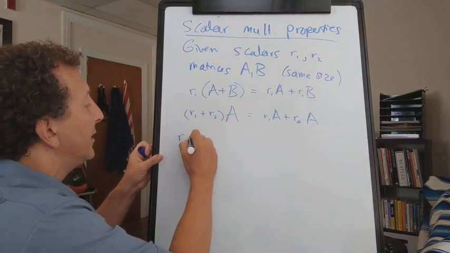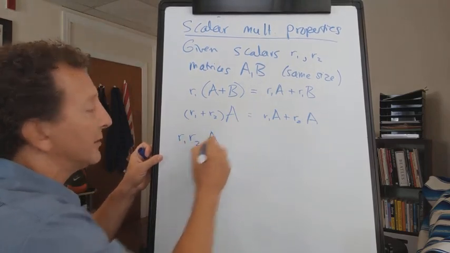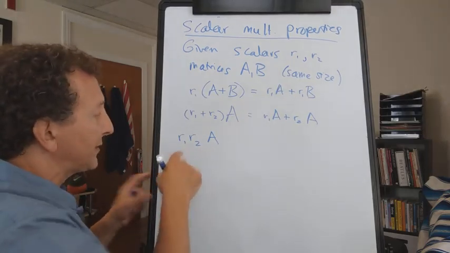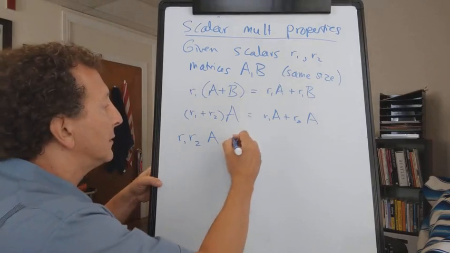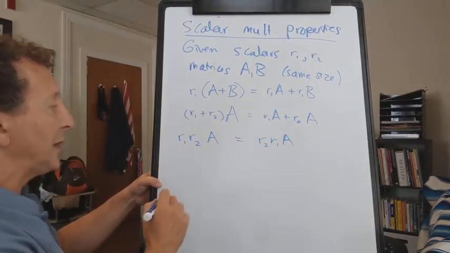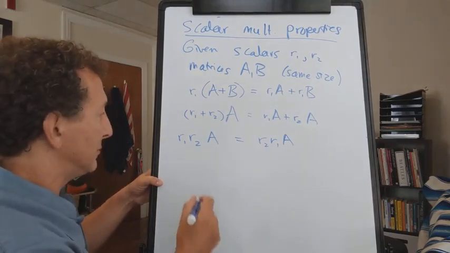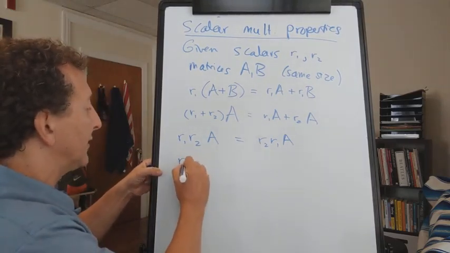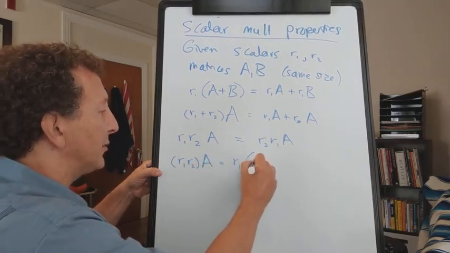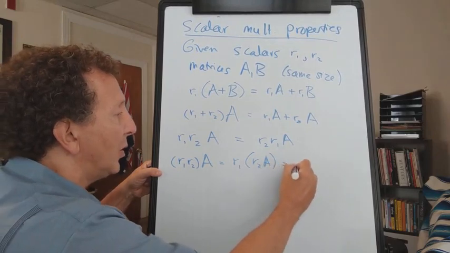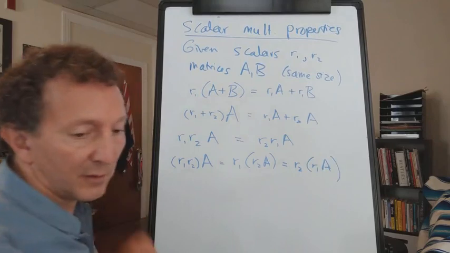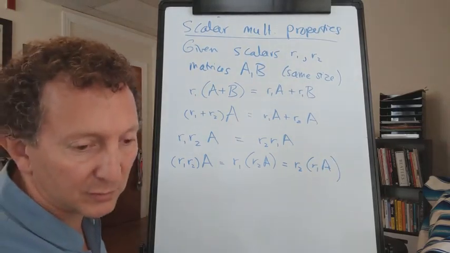And then if we have R1 times R2A, so scalar times the matrix, well, we know that scalars can multiply in either way. So that's R2 times R1A. And actually we can put parentheses in there however we want. We could say that's (R1R2)A, or R1(R2A), or R2(R1A). So it works exactly the way we think it should.